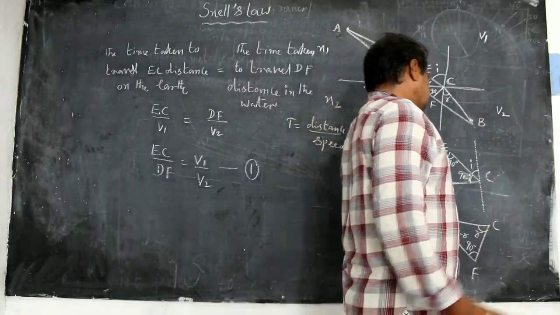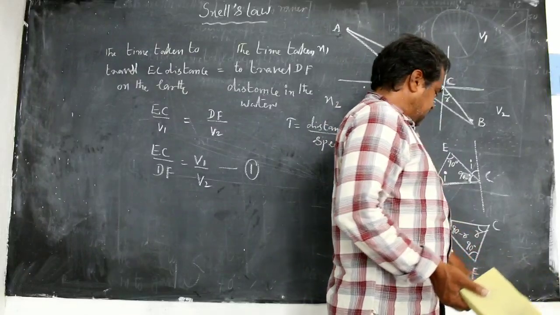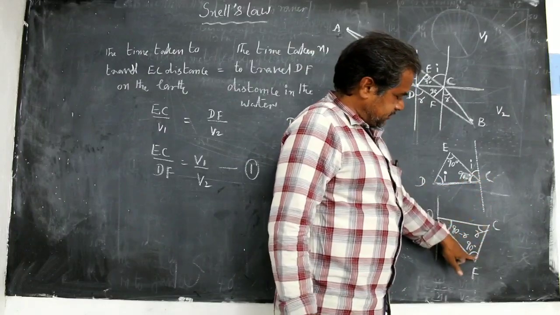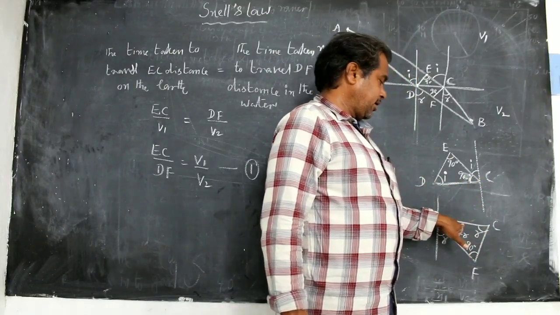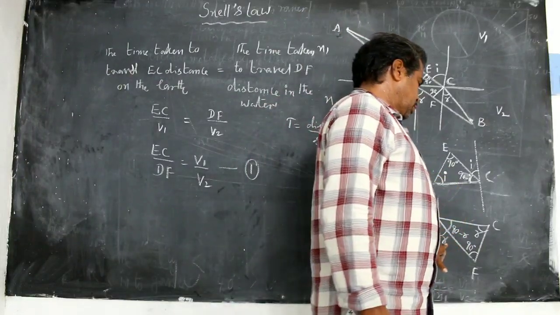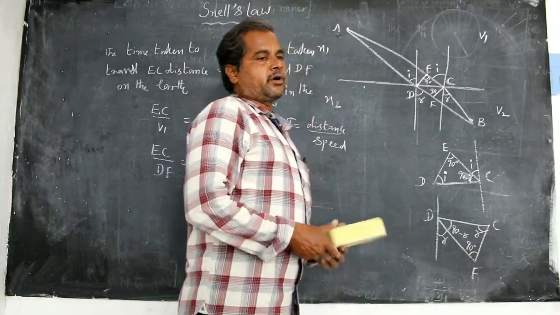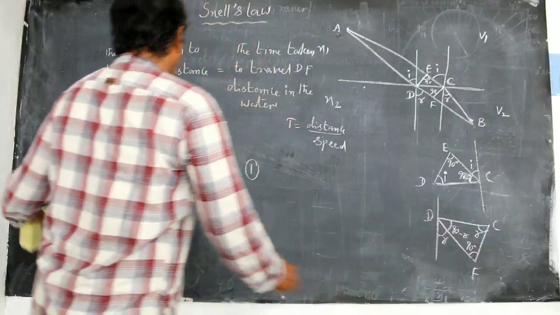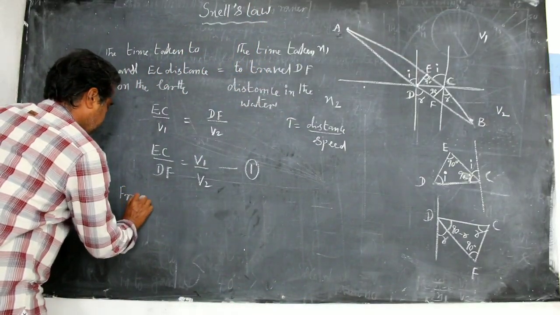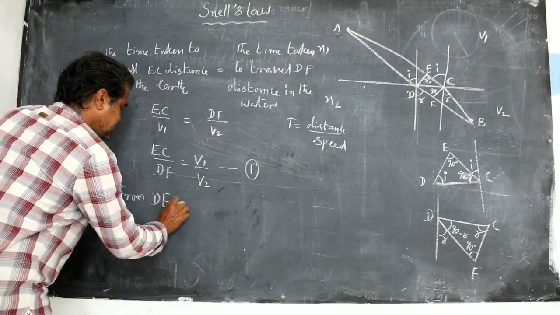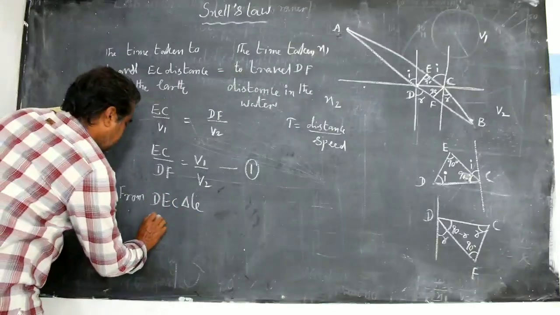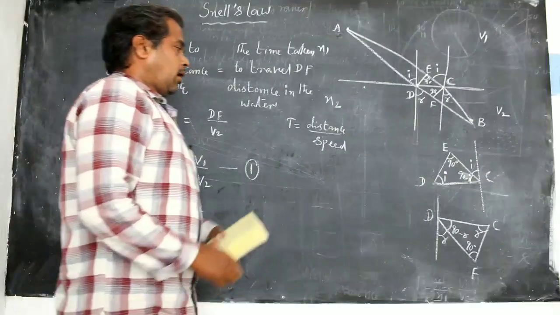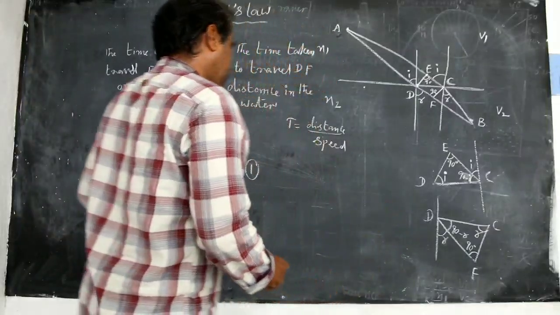From these two angles, we can find that DFC is also a right angle triangle. The side DC, which is exactly opposite the right angle, is called the hypotenuse. By using these two right angle triangles, we can find the trigonometric ratios. From triangle DEC, sin I is equal to opposite side by hypotenuse.